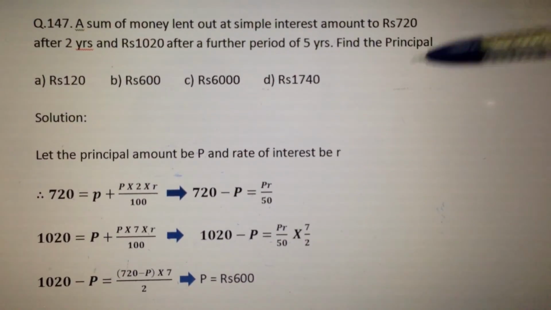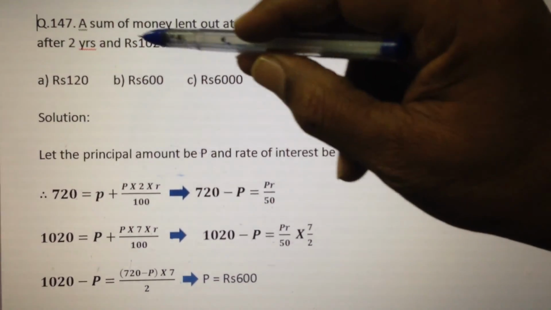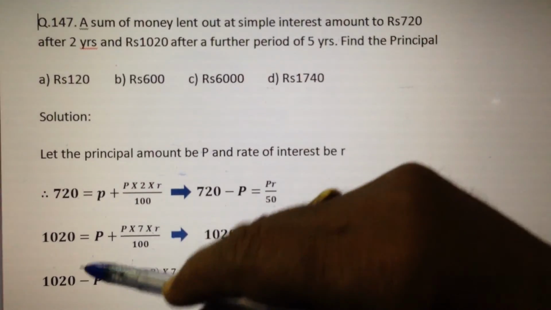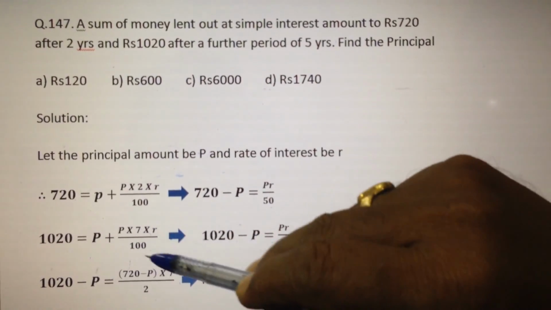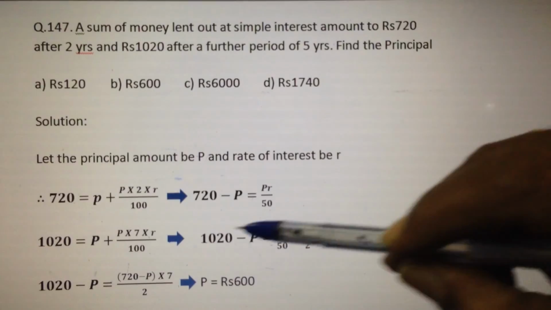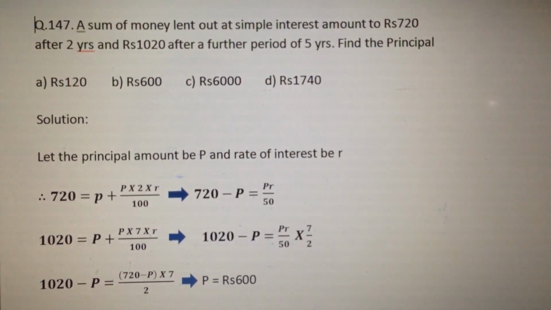Next, after a further period of 5 years, the sum becomes 1020. It is given in the problem. Therefore, 1020 is equal to P plus PTR by 100. Here time is 7 years. Therefore, P plus P into 7 into R by 100.